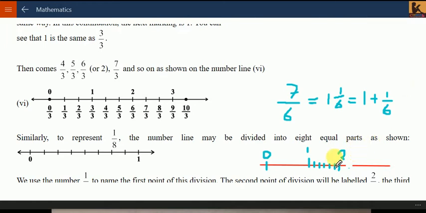This will be a 2. Now 1/6 part of this is this. This will be a 7 by 6.